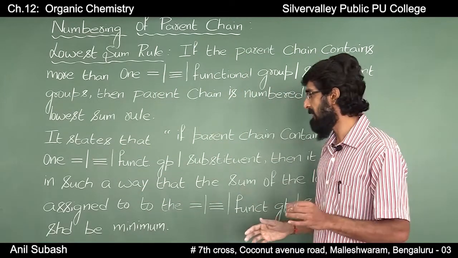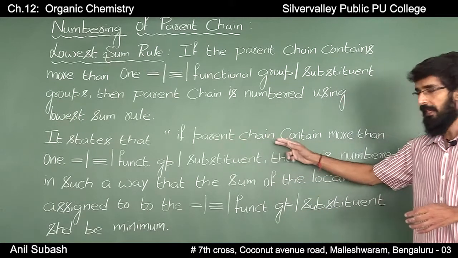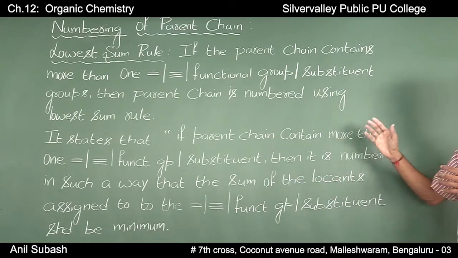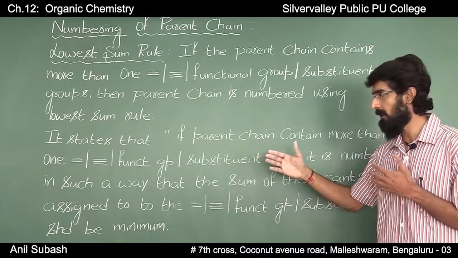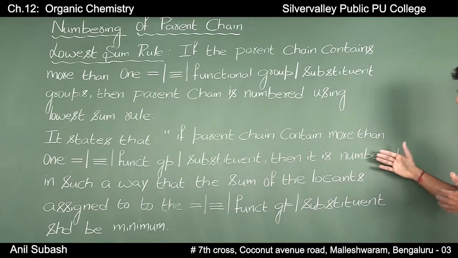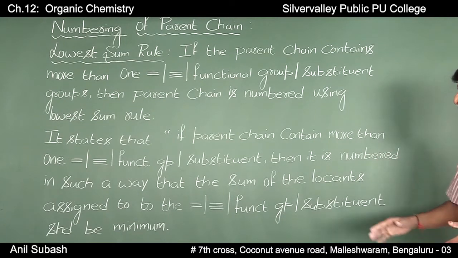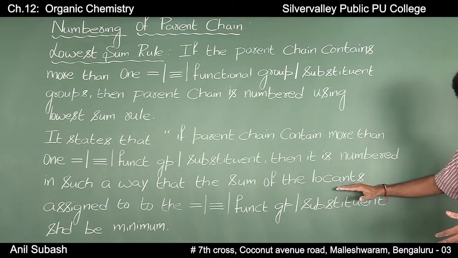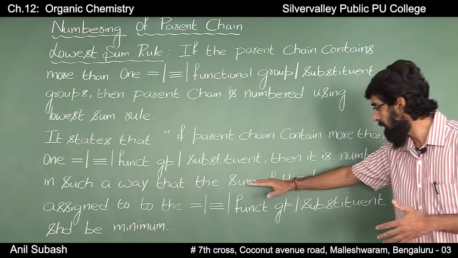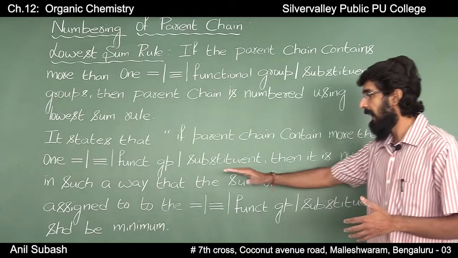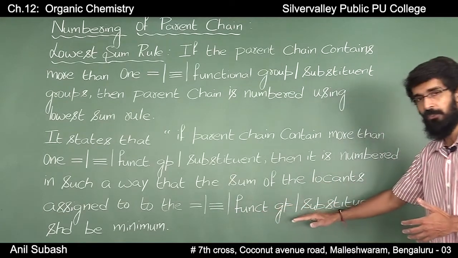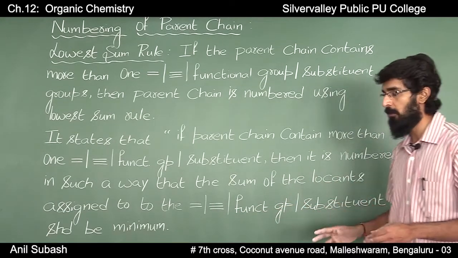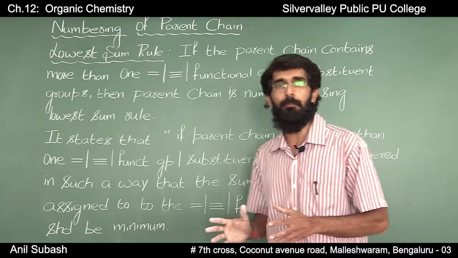Lowest sum rule states that if the parent chain contains more than one double bond or triple bond or functional group or substituent group, then it is numbered in such a way that the sum of the locants assigned to the double bond or triple bond or functional group or substituent group should be minimum.